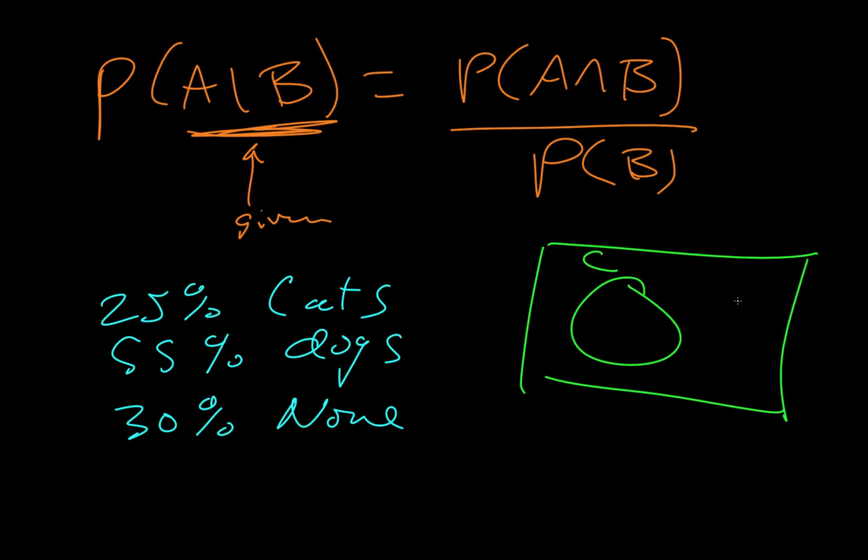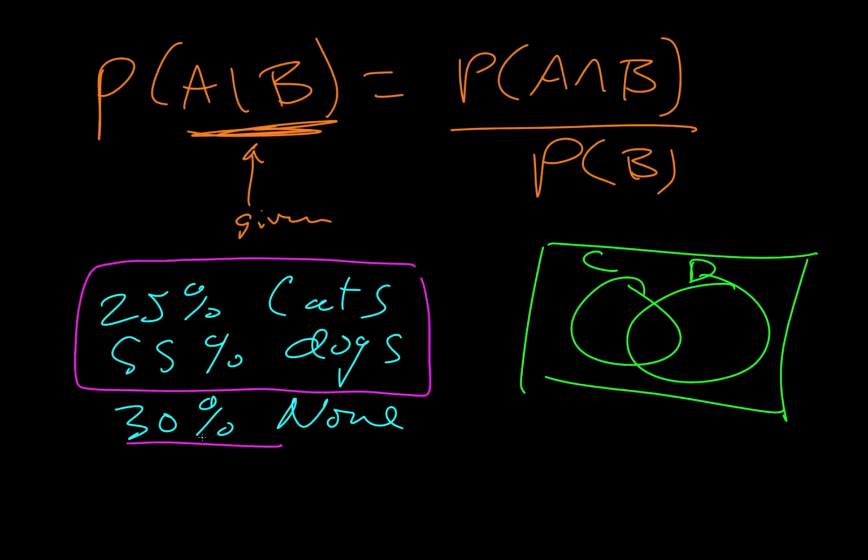So we have cats, we have dogs. Now, we know that 70% of all the pet owners, this would be 70% because this is none. So out here is going to be 0.3.